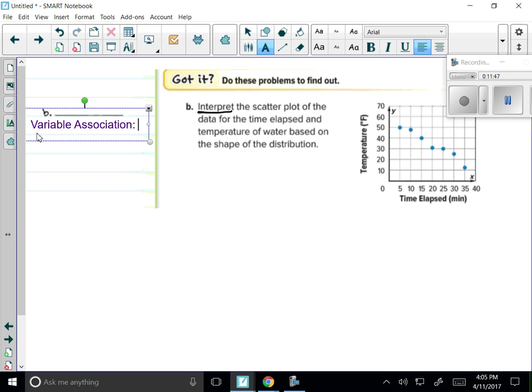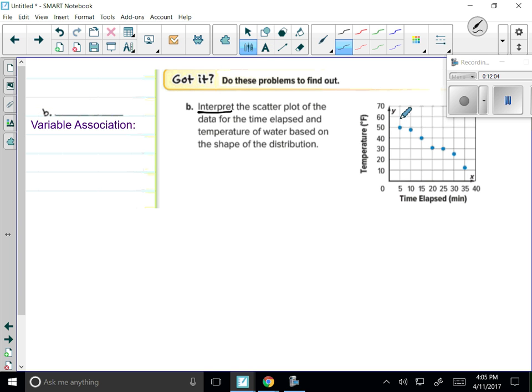So that's trying to figure out, is it positive, is it negative, is it going up or down? Right here we are interpreting the scatter plot of the data for the time elapsed and the temperature of water based on the shape of the distribution. So interpret, starting with a variable association. Is it going down? Is it going up? Is nothing happening? If I follow along this line, it does in fact look like it's going downwards.